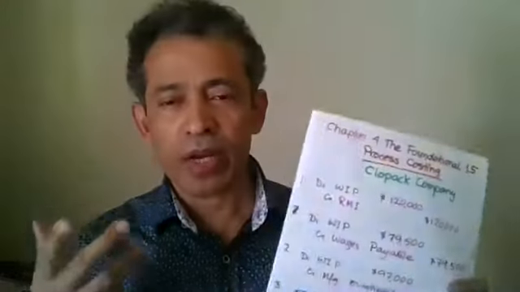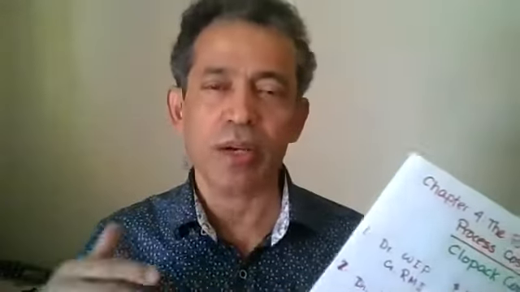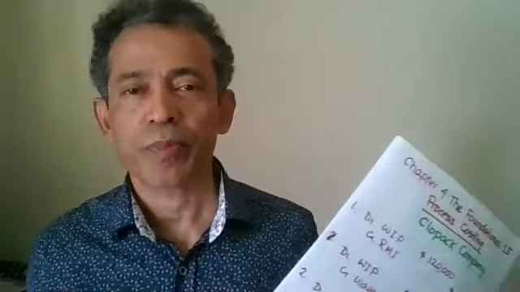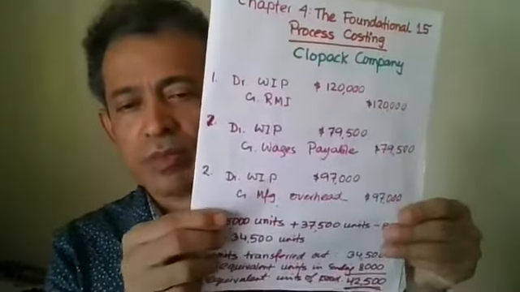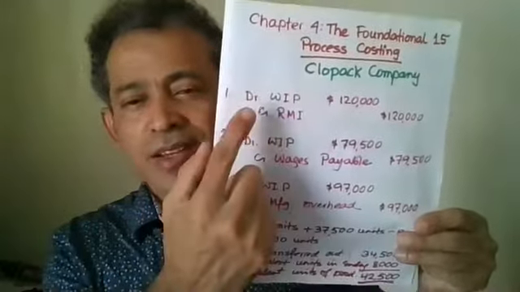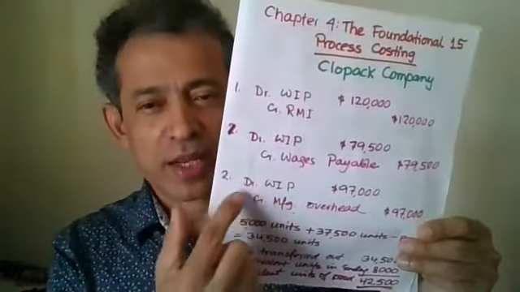Because manufacturing overhead has, as I said before, two entries. One is when you accumulate, then you debit manufacturing overhead and credit utilities payable, wages payable, salaries payable, all those, or even accumulated depreciation. But when overhead is applied, we bring it to work in process. So debit work in process, credit manufacturing overhead. All right, so those are the first three: material application, labor application, and overhead application.